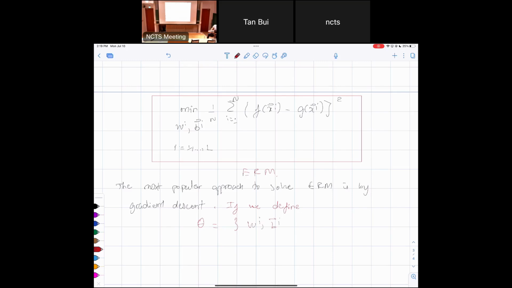So you put the weights and biases into one single vector.